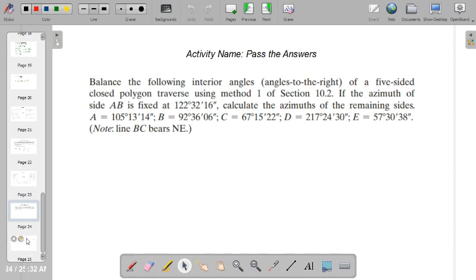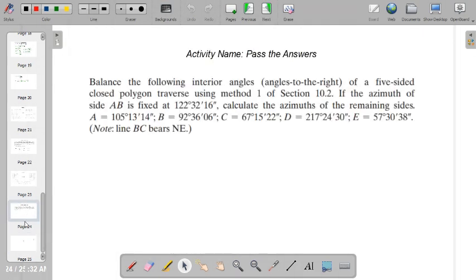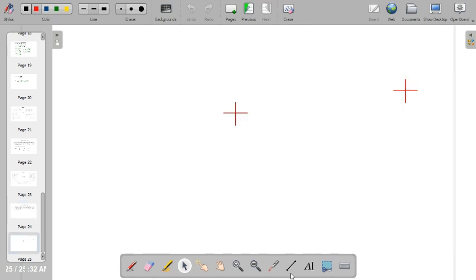AB is 122 degrees, so from the north you have to draw 122 degrees, because that is your azimuth. So 122 degrees, 32 minutes, 16 seconds.